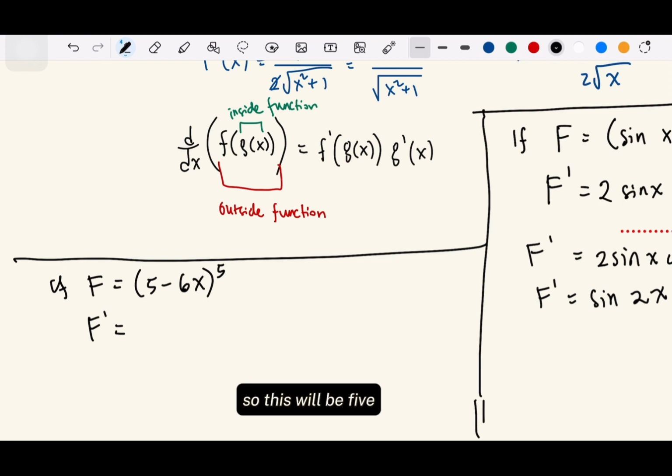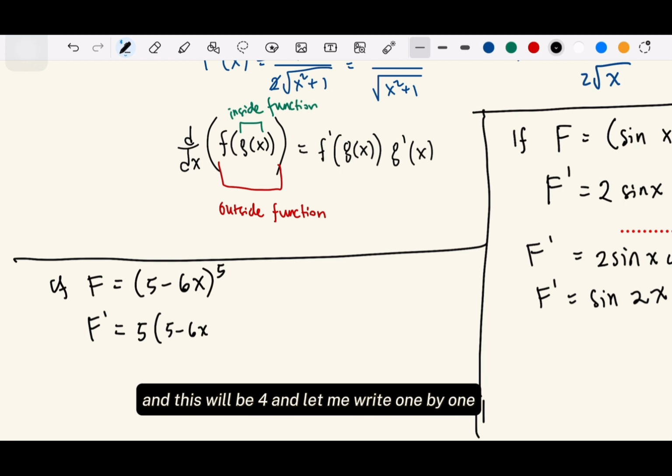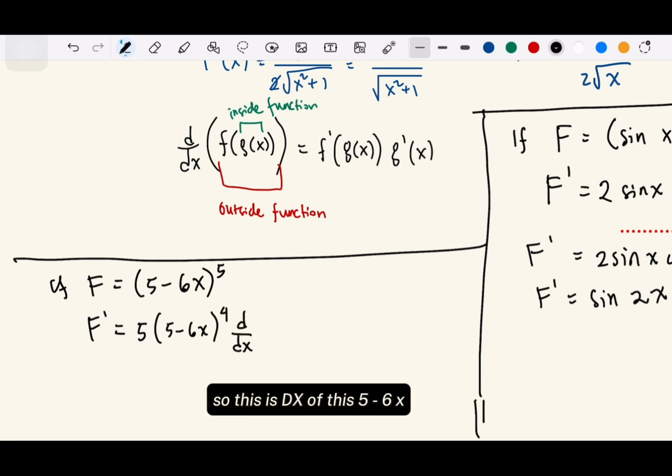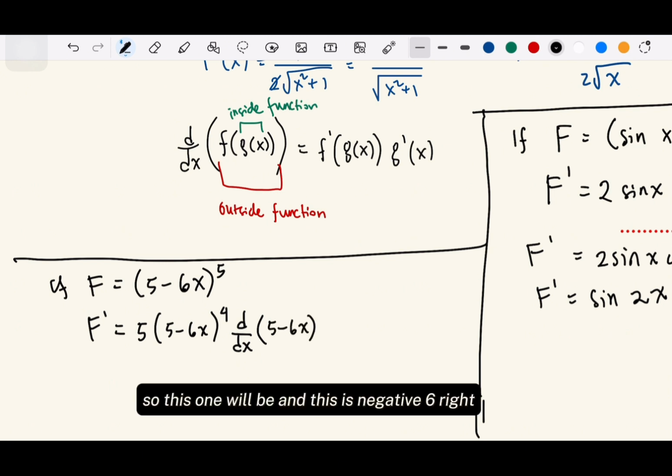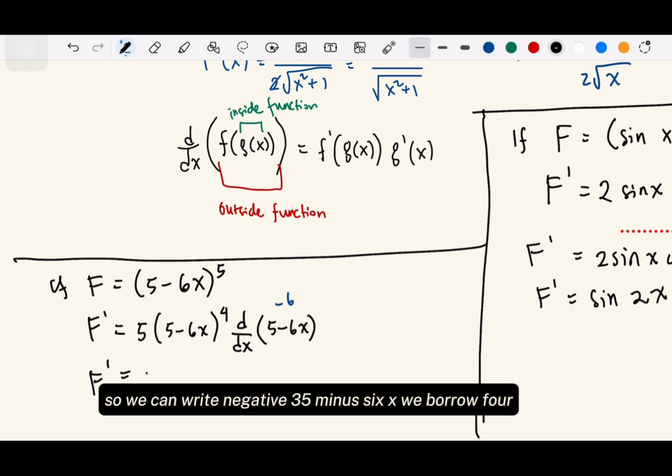So this will be 5 and this will be 4, and let me write one by one. This is d/dx of 5 minus 6x, which is negative 6. So we can write negative 30 times 5 minus 6x to the power of 4.